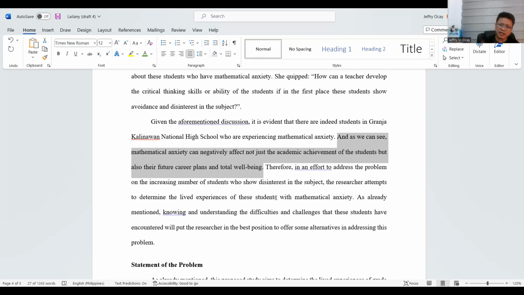And so if our educational system continues to produce half-baked graduates, if our education is not of quality, then it will negatively affect national development, and so on and so forth. So you see, we articulated here the research problem, the research gap.